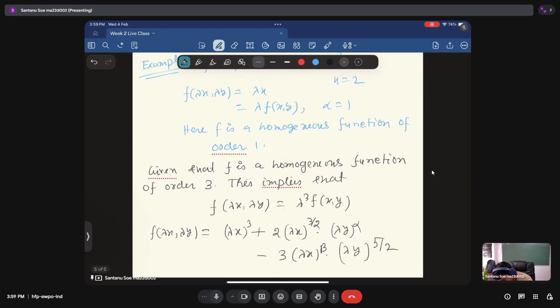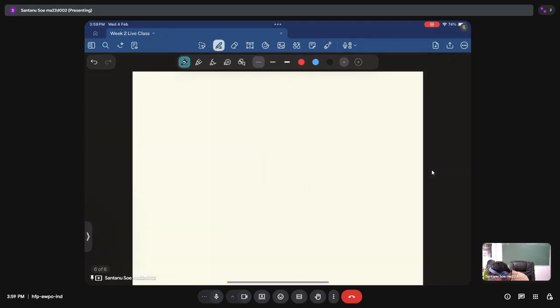Okay, and this is the same as lambda cube x cube plus 2 lambda to the power 3 by 2 into alpha, 3 by 2 plus alpha into x to the power 3 by 2 into y to the power alpha minus 3 lambda to the power beta plus 5 by 2 into x to the power beta into y to the power 5 by 2.